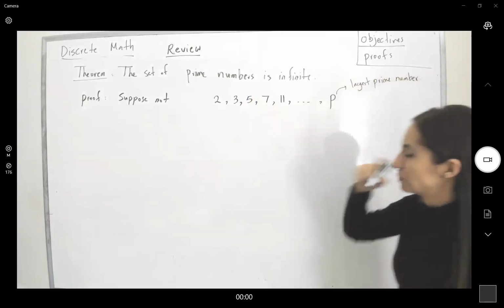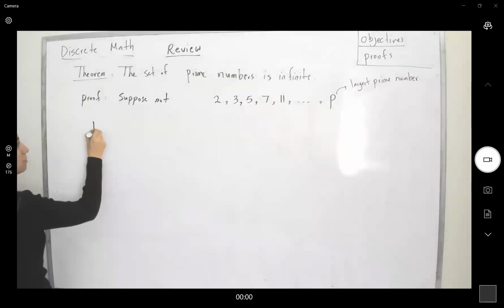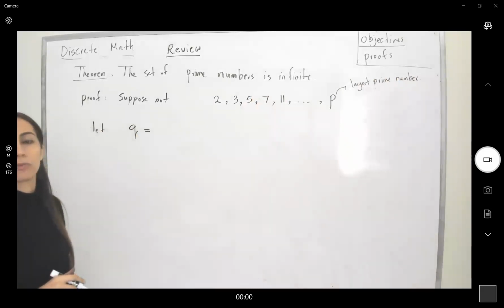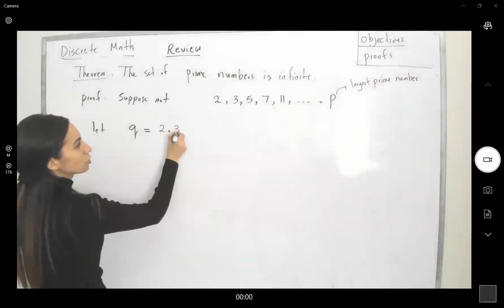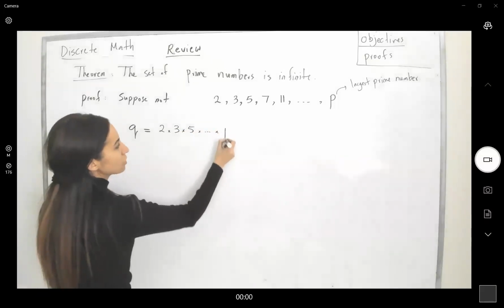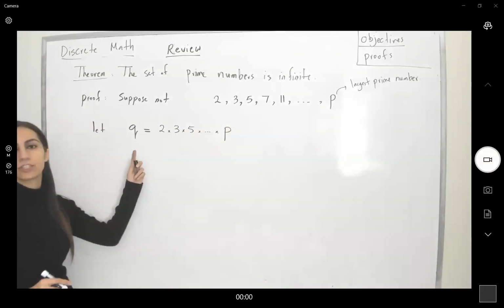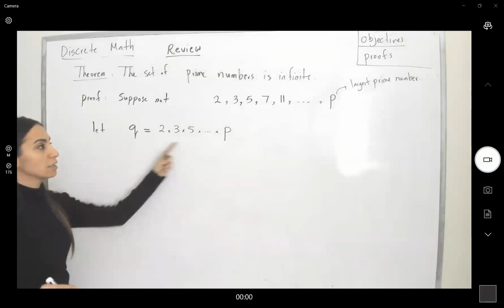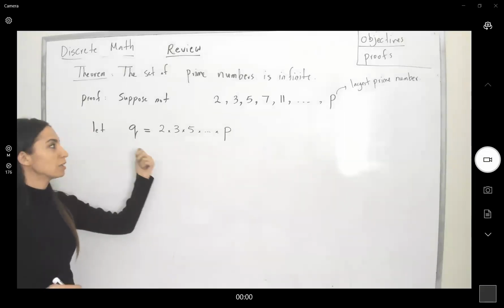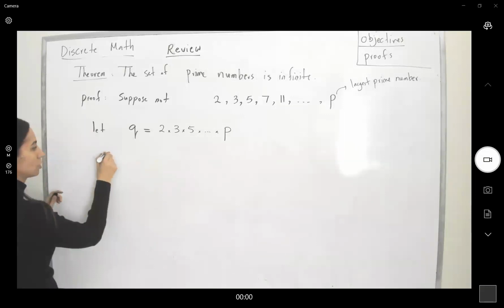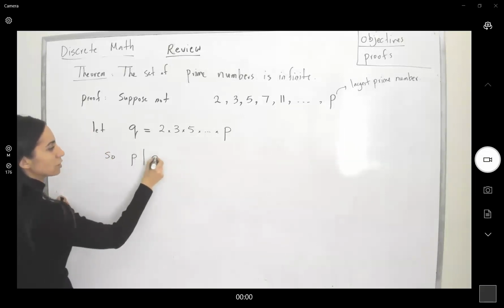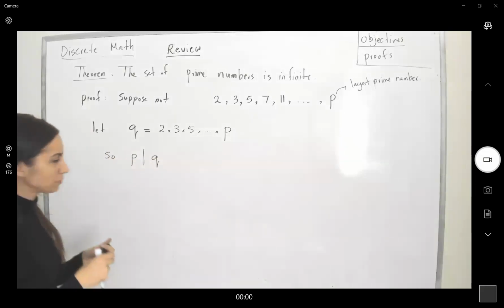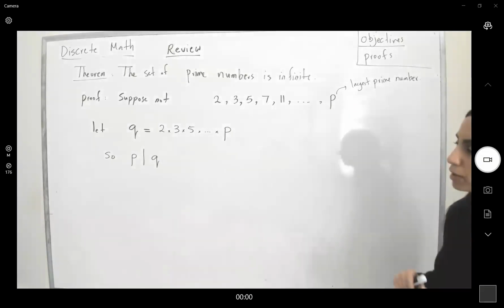So what are we going to do? Let Q be the product, the multiplication of these prime numbers. Q be 2 times 3 times 5 times P. We're not sure if Q is prime or not, but what do we know? We know that P as a prime number divides Q. So P divides Q. P is a factor of Q. Well, now think about it this way.